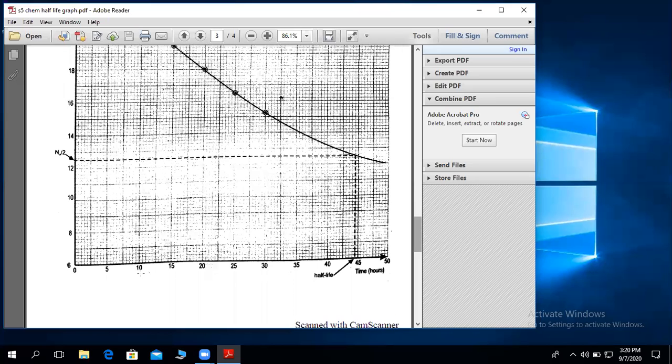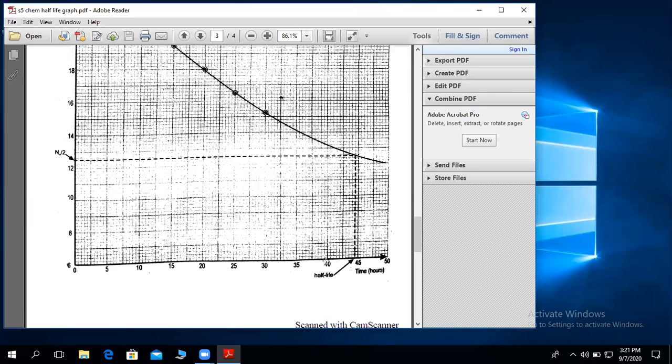So my 25 is at 0, and my 12.5 is at this point. So I will draw a straight line going down to time, and count this time from 0 to where my line ended. Draw a line from 12.5 until it meets the curve, then come down up to where the line meets the axis for time. Then I count this time.